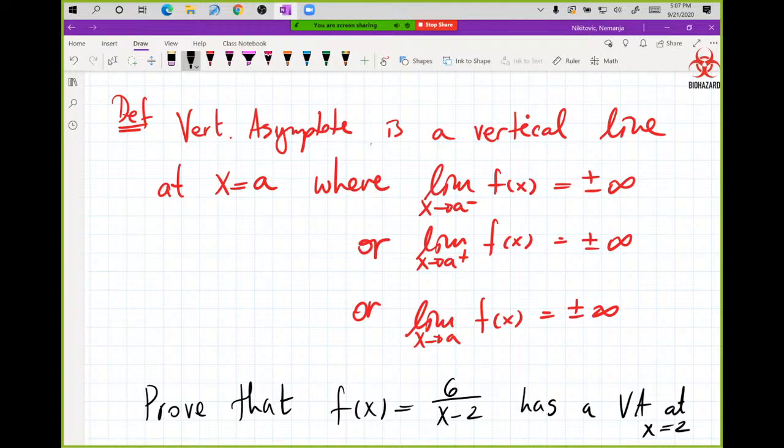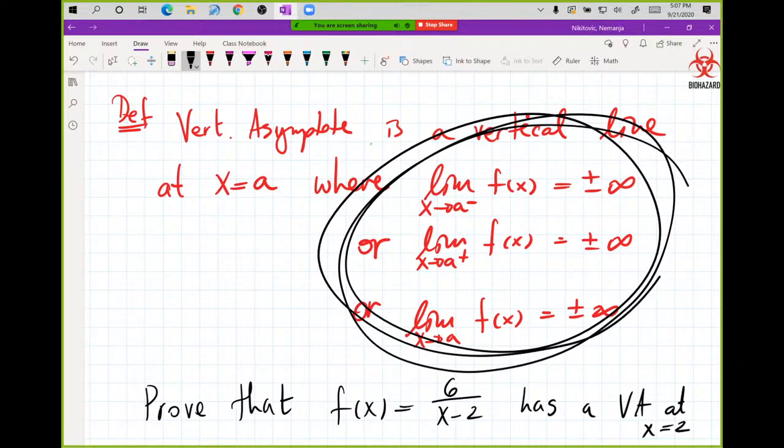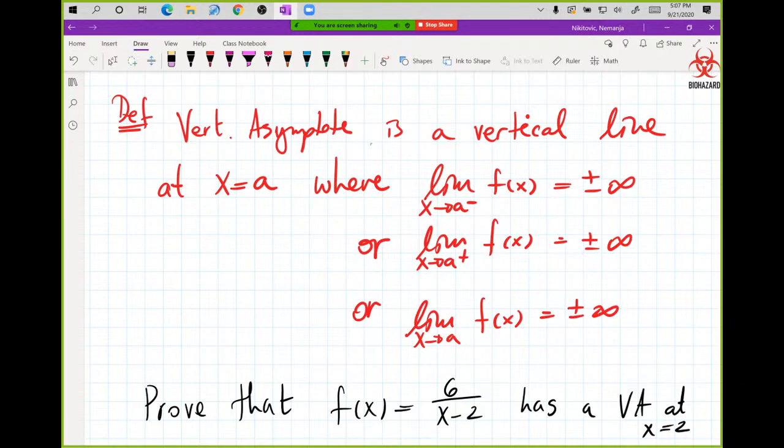And you might say, well, what am I supposed to do here? You already told me that the asymptote is at 2. Yeah, but you are supposed to do the limit to show that you are getting infinity on any of the 3 of these.